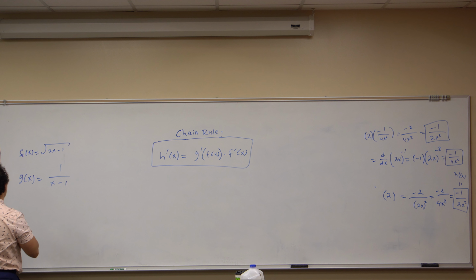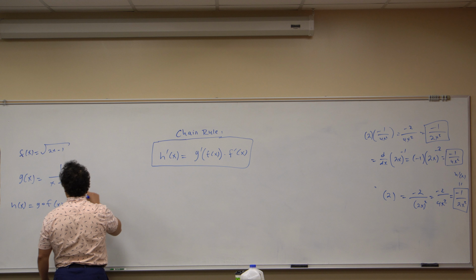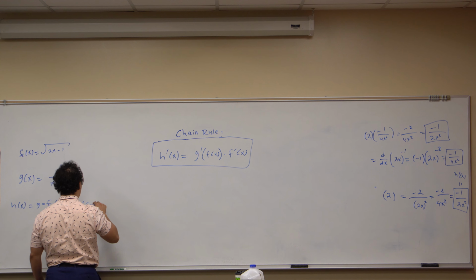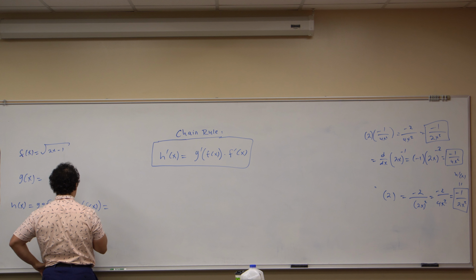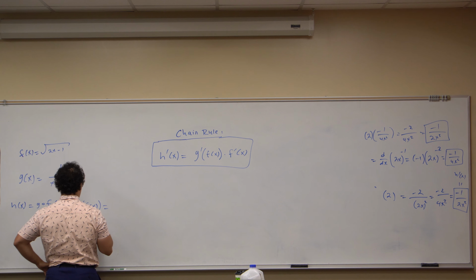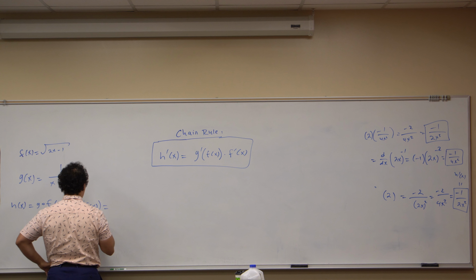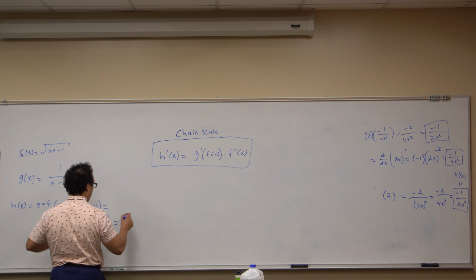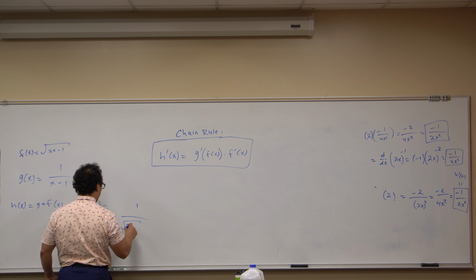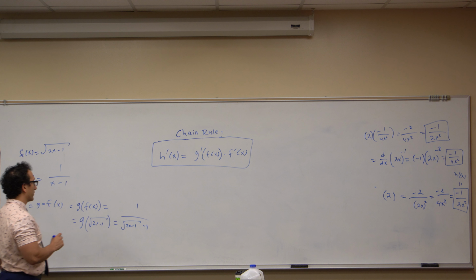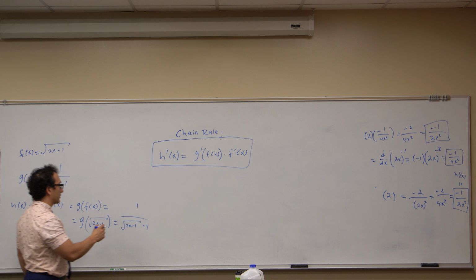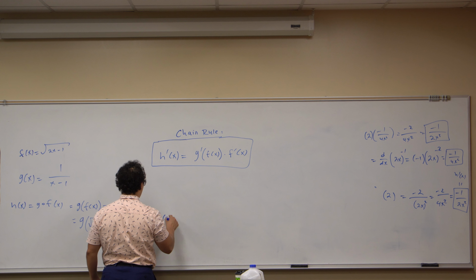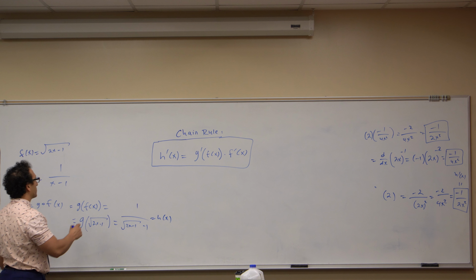Then let's say h of x is f composed with g of x, meaning it's equal to g of f of x, meaning it's equal to g of our f of x, which is the square root of 2x minus 1. Then I plug that into my g of x, and I get 1 over the square root of 2x minus 1 out here. So this is what my h of x is. All right. Now, what is h prime of x?